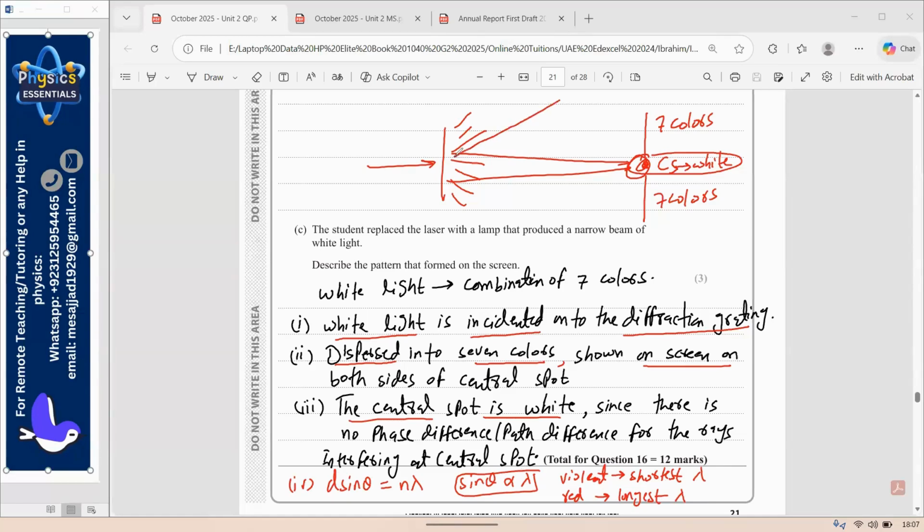It means that it will move most away from the central spot, whereas the violet color will be the very nearest to the central spot. Okay, so this point is the farthest one, and this one is the closest to central point. Okay, both are from the central point, remember that.